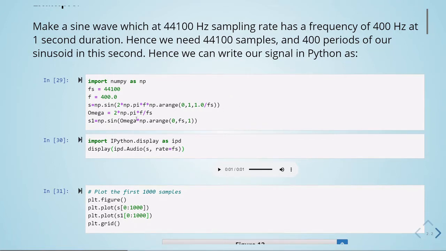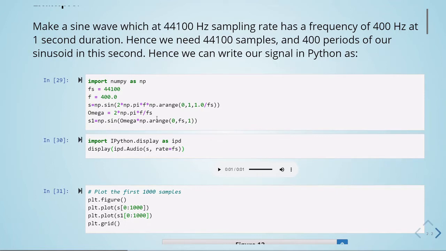But we also can define our normalized frequency. So this omega is the angular frequency, 2 pi f, divided by the sampling rate. That is what we're doing here, dividing by the sampling frequency, and now we have the sine of the normalized frequency, and here we have our time in terms of samples.